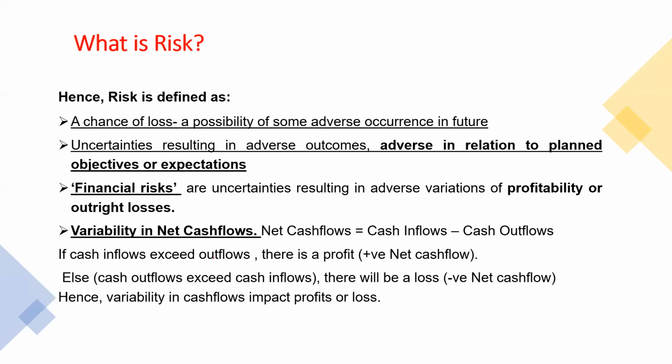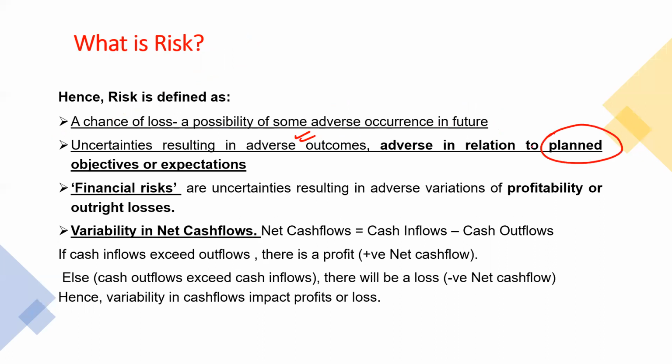So if we have to look at the definition of risk, this is where you can be asked questions. Risk is a chance of loss. It is a possibility of some adverse occurrence in future, because future is uncertain. Uncertainties resulting in adverse outcomes, adverse in relation to what?